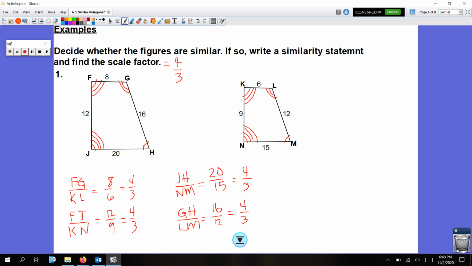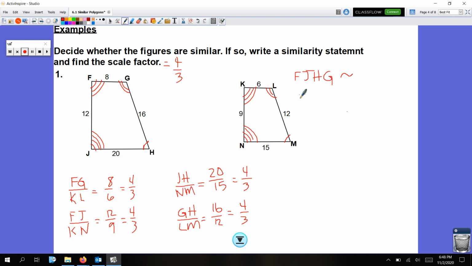And now let's write our similarity statement. So we'll start with the first shape. We'll say F, J, H, G is similar. Now it's really important we name the second figure lining up the congruent angles, right?